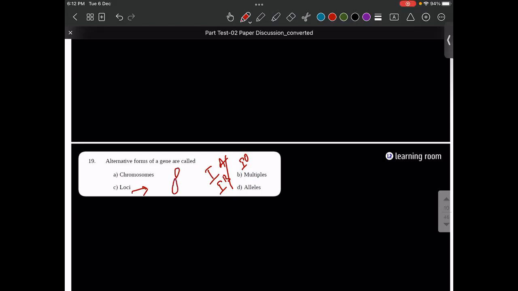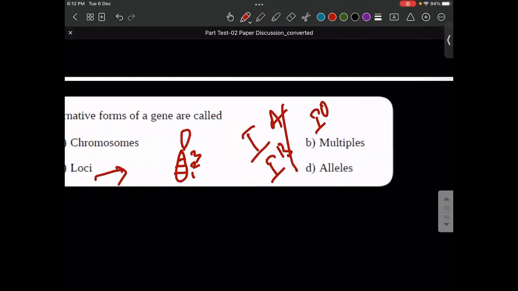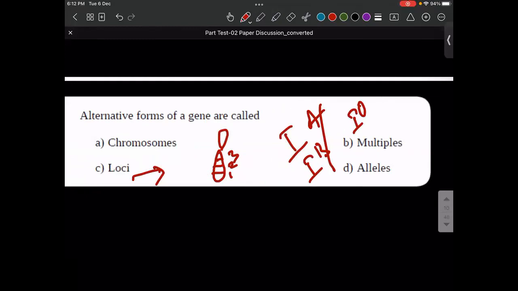If this is the chromosome, here gene 1 is present, gene 2 is present, gene 3 is present. So that position of genes on a chromosome is called the locus. And what is a chromosome? The condensed form of DNA is the chromosome.